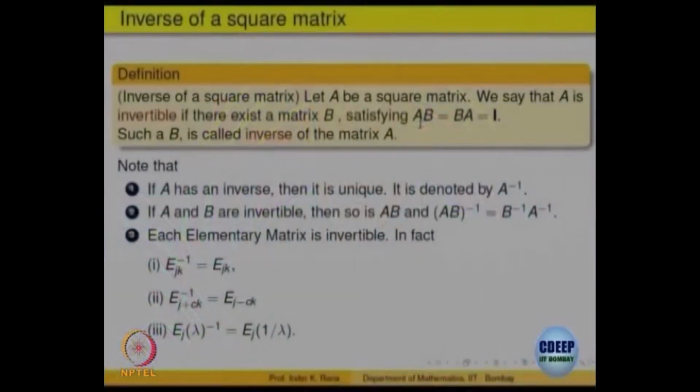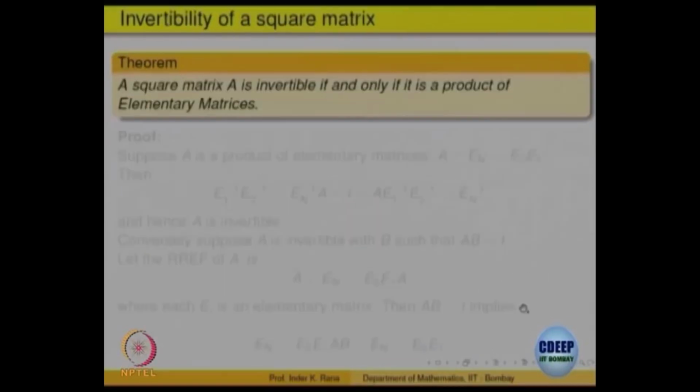Similarly, given a matrix A, if there is a matrix B such that AB equals BA equals identity, then we say A is invertible and B is called the inverse of A, which is unique. Clear?